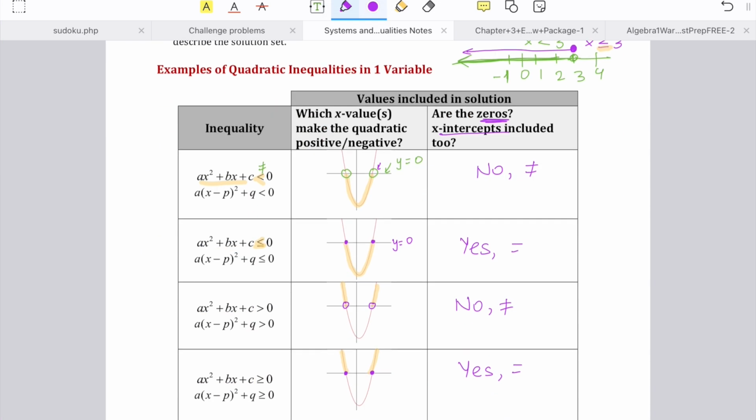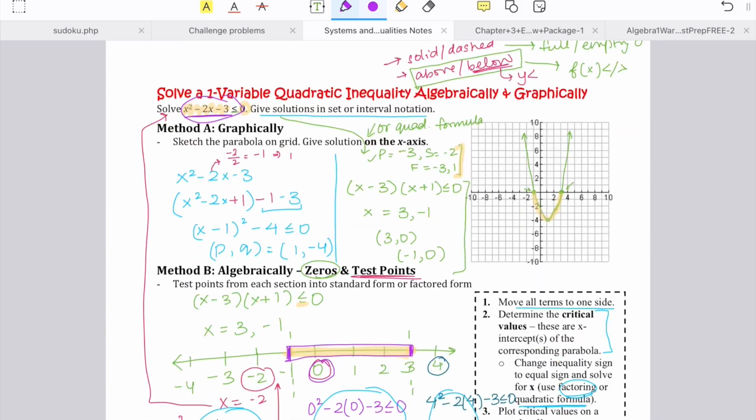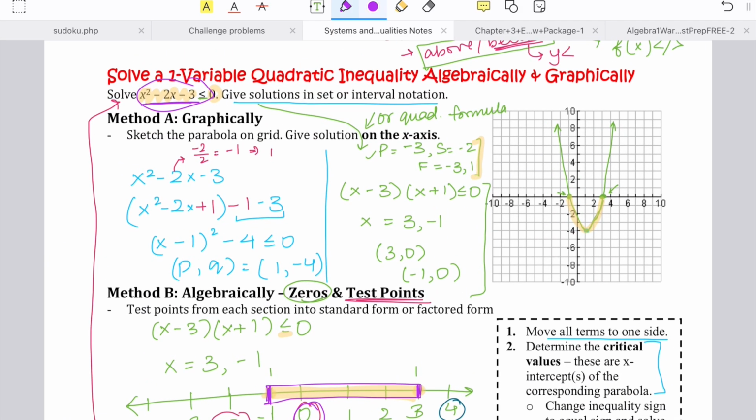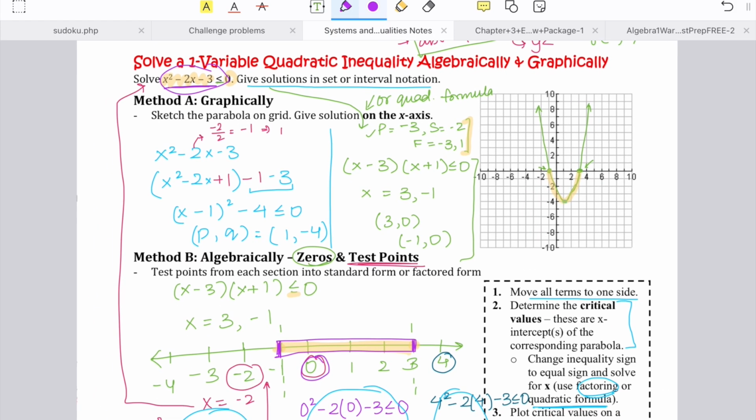Okay, just to recap, when we're doing it graphically, you need to ask yourself, will it be open circle or closed circle? Am I going to shade the solution above or below the x-axis? And before you do that, make sure your graph is correct in case it's on the non-calculator portion of the test.